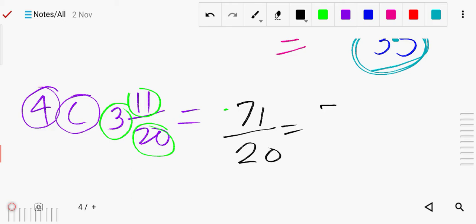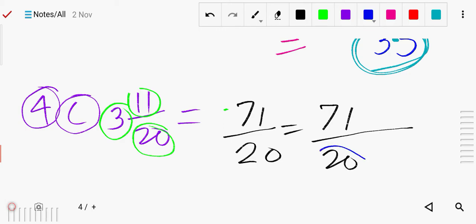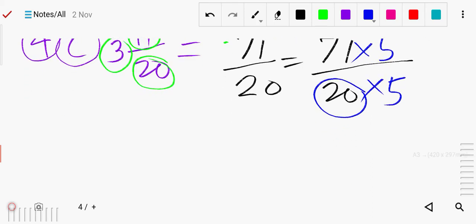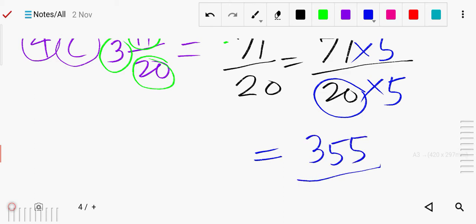Now we will try to make this denominator a multiple of 100 or 1000. So just think, if you divide 100 by 20, how many times? 5 times. So you multiply by 5. When you multiply 71 by 5, you get 355. And 20 into 5 is 100.